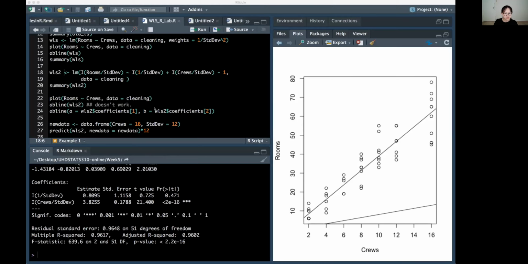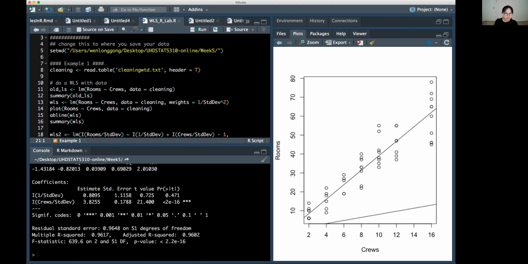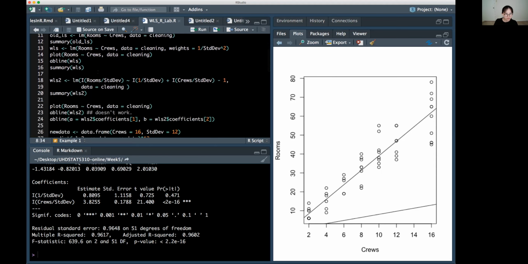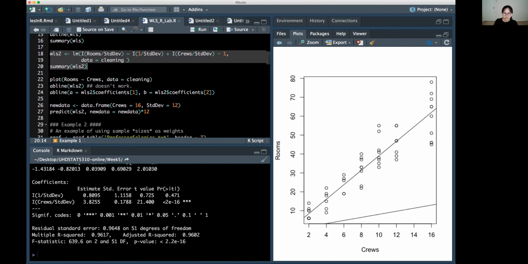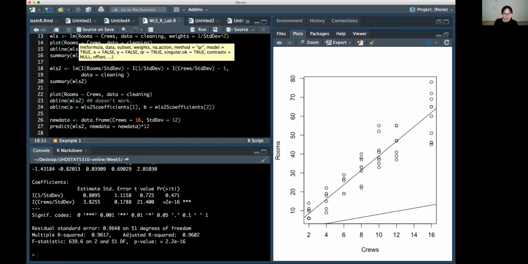Okay, here we go. So this is the cleaning weighted data again. We have run through this. I mentioned this is how you could manually do a weighted least squares, but now it's clear it's actually a least squares version of a transformed model. So we have transformed this y, and we have transformed our x.